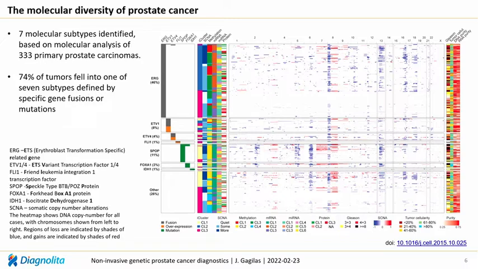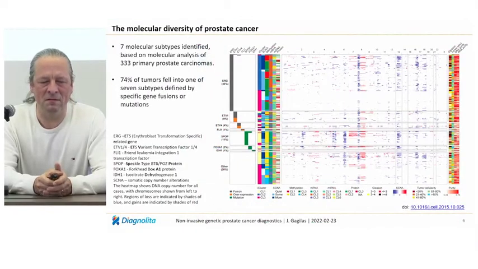They contain so-called ERG fusions. Under this group there is ETV1, a smaller fusion group, also ETV4 and FLI1. All these fusions are so-called ETS fusions. So about 50% of cancers contain any of these fusions.